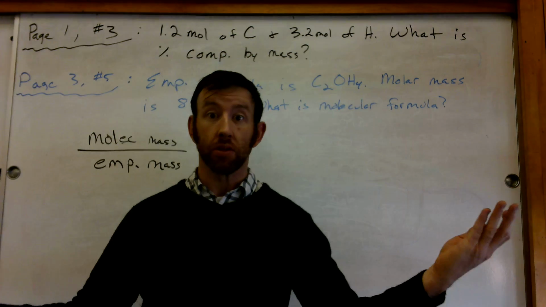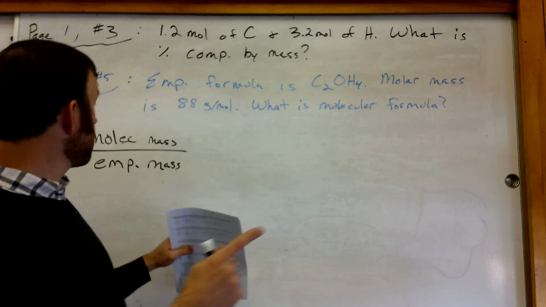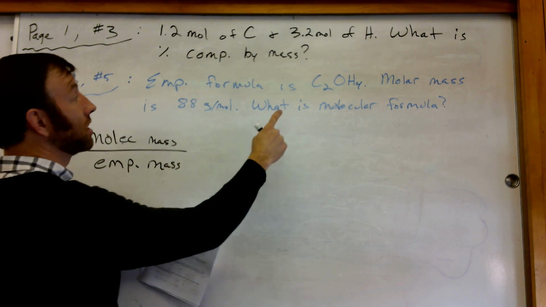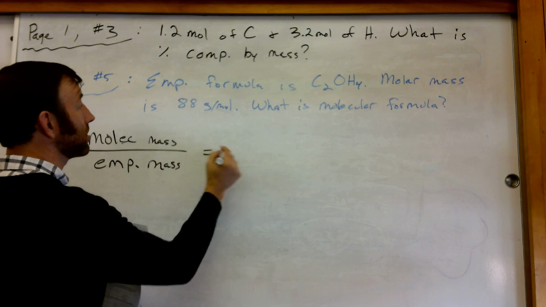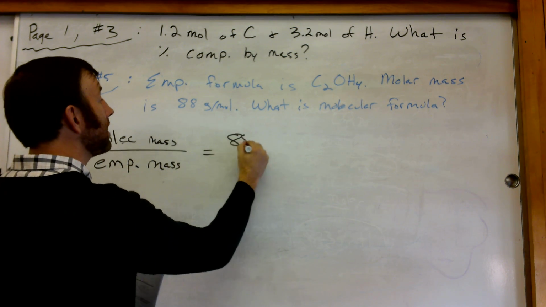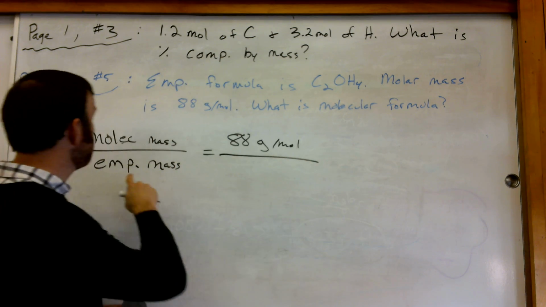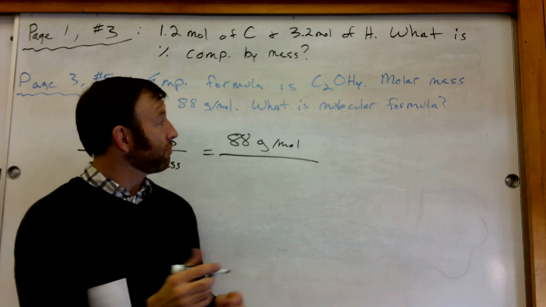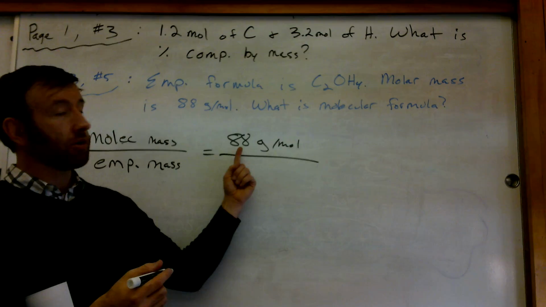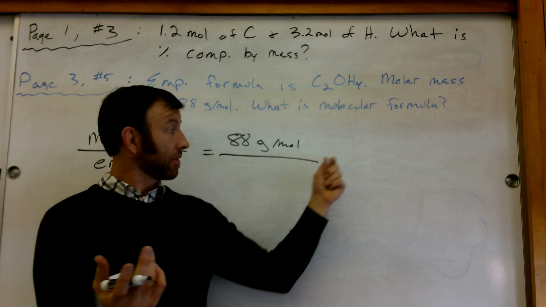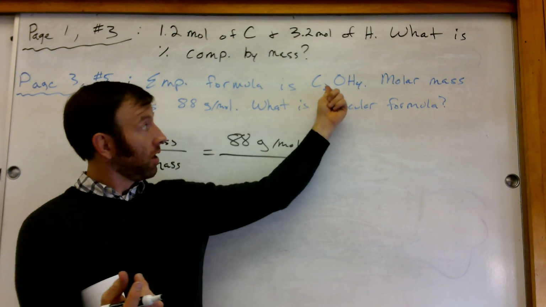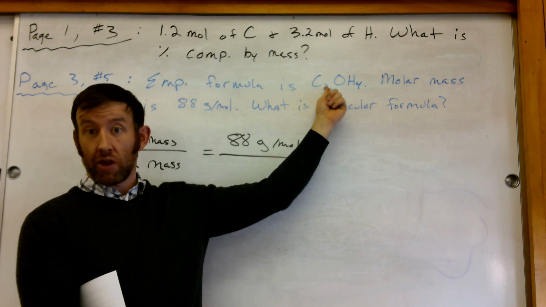Our number comes out the same, okay? So what we want to know is the molecular mass, which is given to you in this equation. So I'm going to say equals 88 grams per mole divided by my empirical mass. If my empirical mass comes out to the same number, I know that this would be 1, and therefore the empirical formula would be the same as the molecular formula.